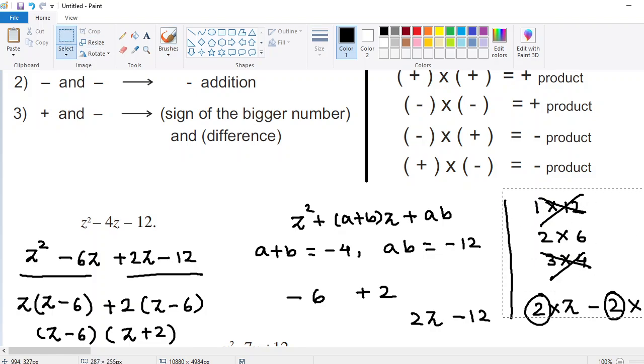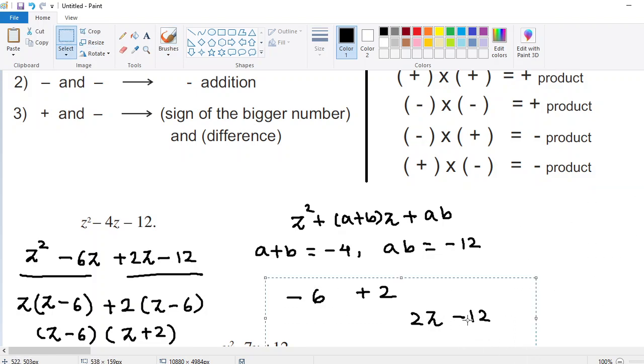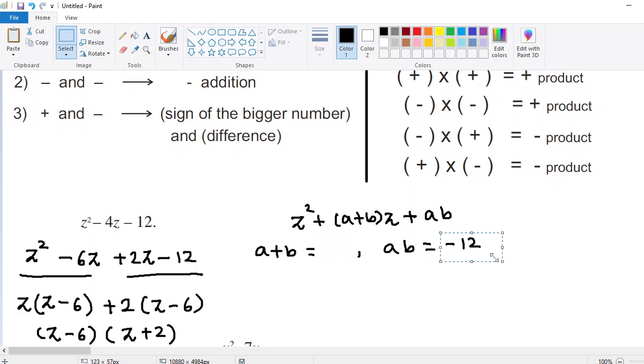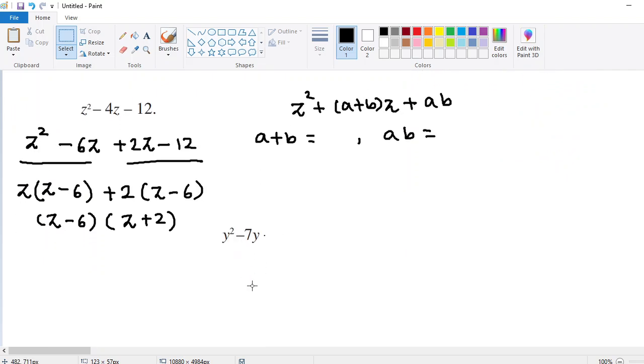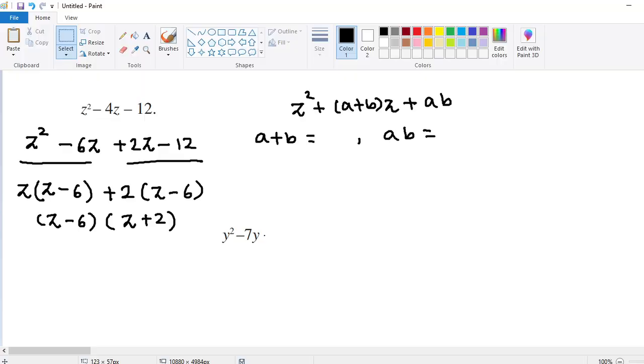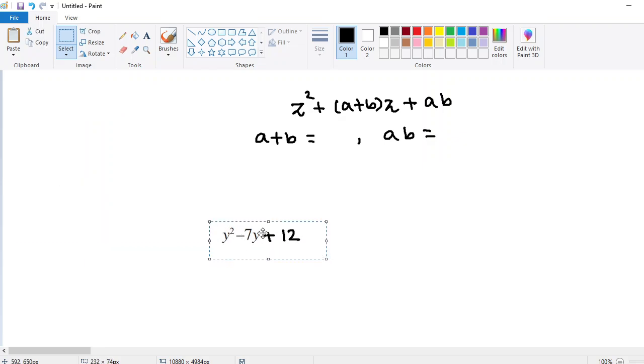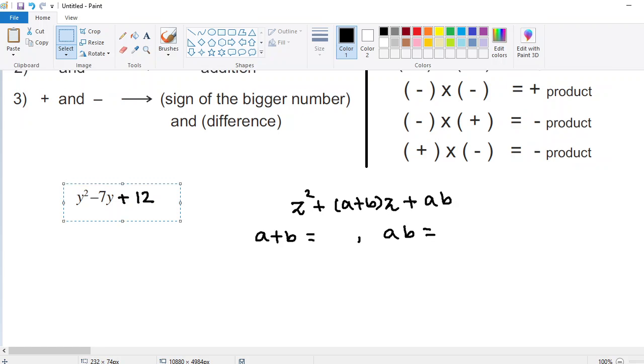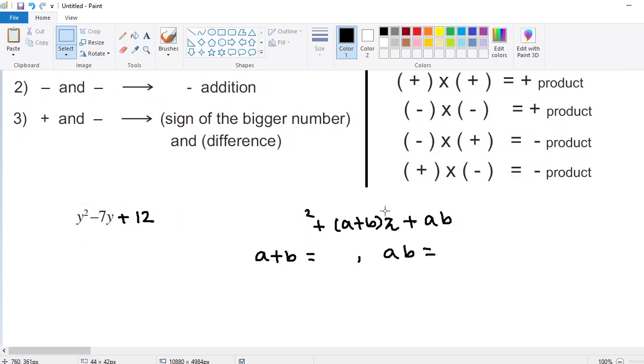Now let us consider the next question. Next question is y square minus 7y plus 12. Here we have plus 12. Now this is y square, so let us change this variable.